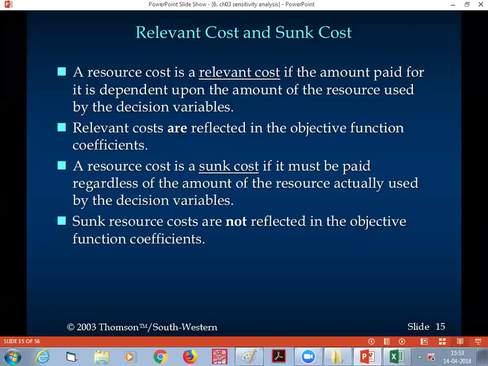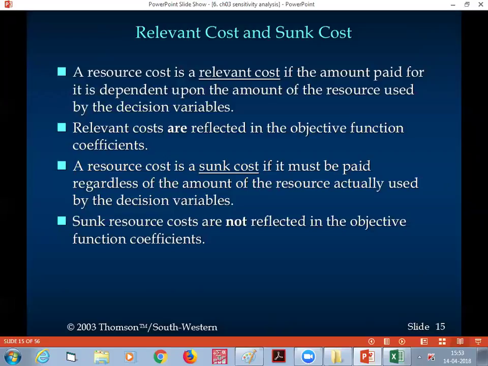Where you're taking profit contributions, if you've removed all resource costs from that, those are now relevant costs. On the other hand, if you don't remove them and subtract them, for example, if you have to buy a certain resource in bulk, irrespective of how much you use, say you're buying 100 kgs of the resource, it's not how much you use of it that is relevant, but that you bought the entire thing anyway.